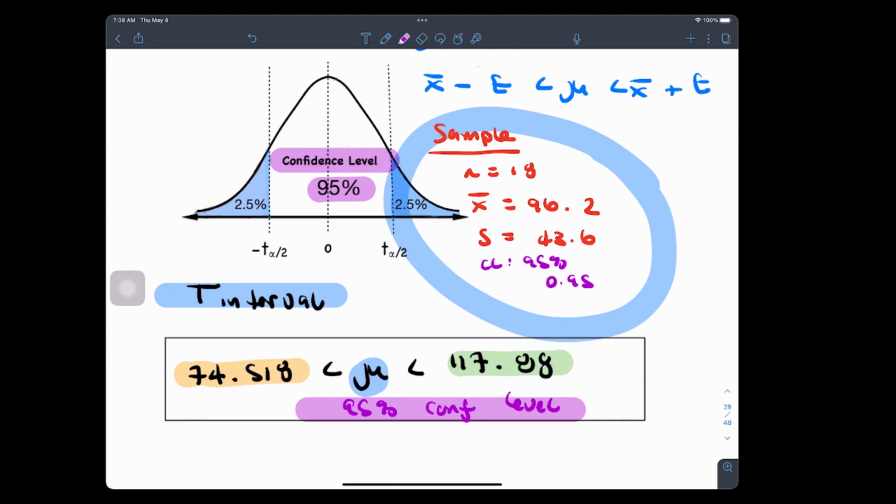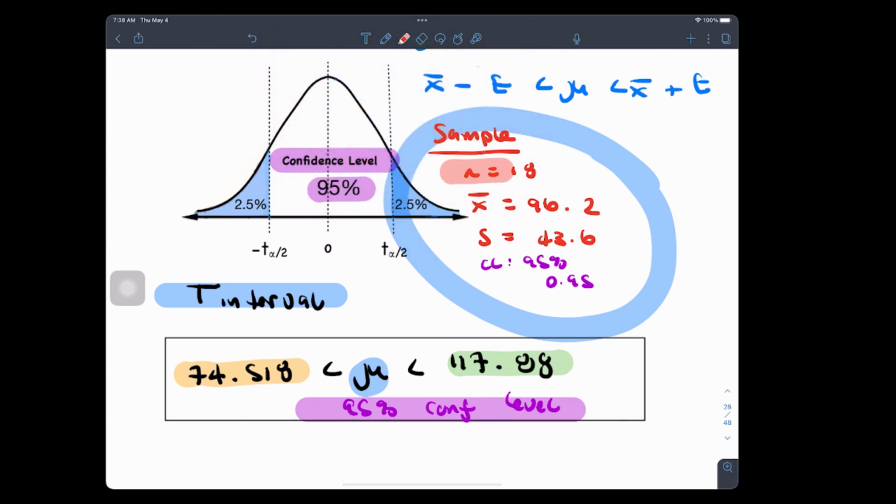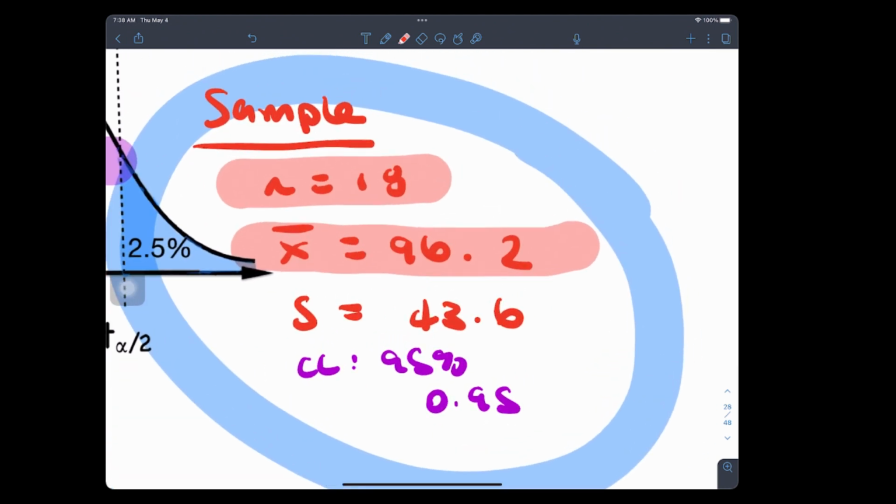Here's the deal. They took one sample of size 18, and the mean was 96.2.